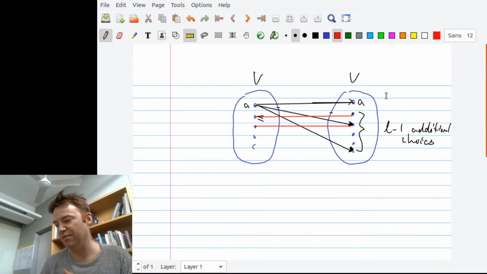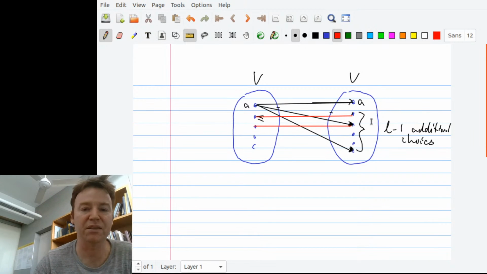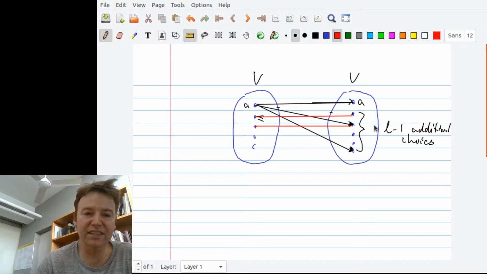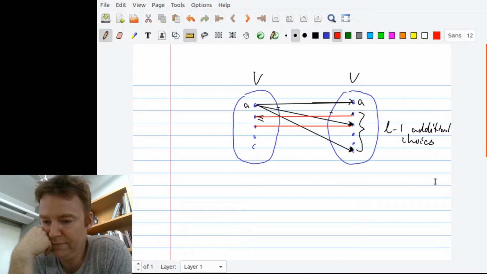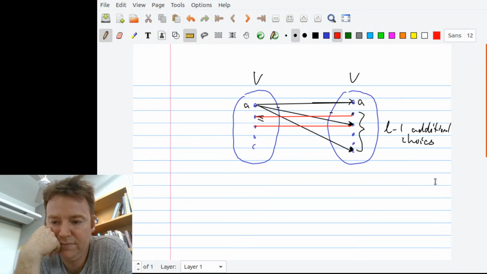Since what we're actually talking about is any subset of the Cartesian product, we're looking at the power set of v cross v. Okay. Oh, you can't see what I'm typing.